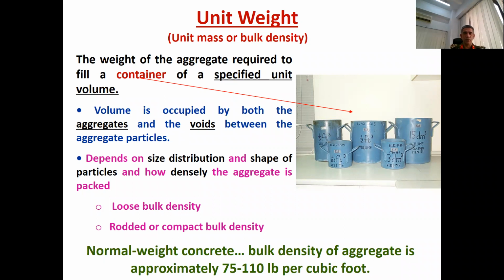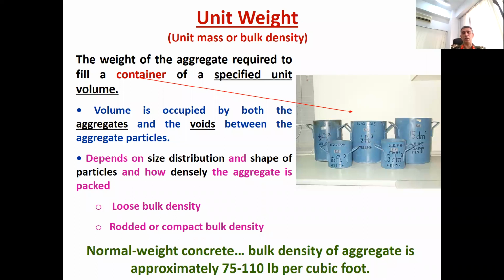There are two terms: one is loose bulk density and one is rodded or compact bulk density. When you put the aggregate as it is in a container, the density that you get is called the loose bulk density. When you put the aggregate in a container and subject it to rodding, that means you compact the aggregate by dropping a rod of a specific size, or a hammer, from a specific height, that will be compaction.